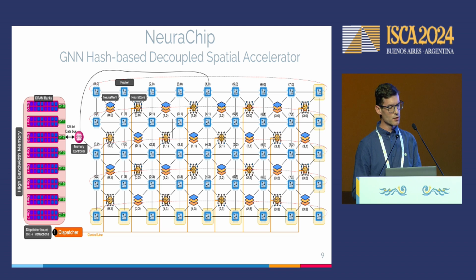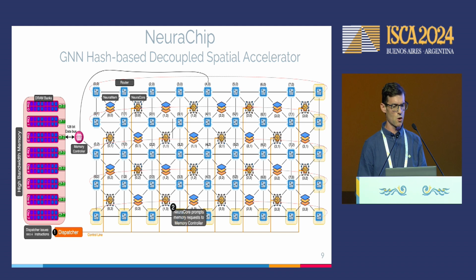The data flow in order to execute our matrix multiplications in NeuraChip is as follows. First, there are these MMH4 instructions that arrive at the dispatcher. The dispatcher dispatches following a round-robin algorithm across all the NeuraCores and selects one of the NeuraCores as target for performing this MMH4 instruction. Remember that MMH4 requires 8 input elements.